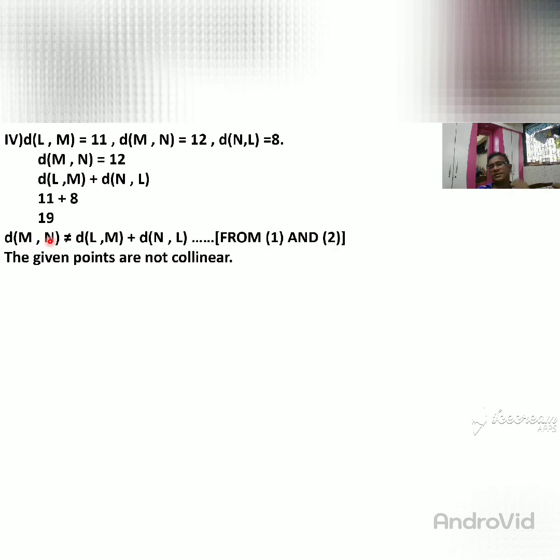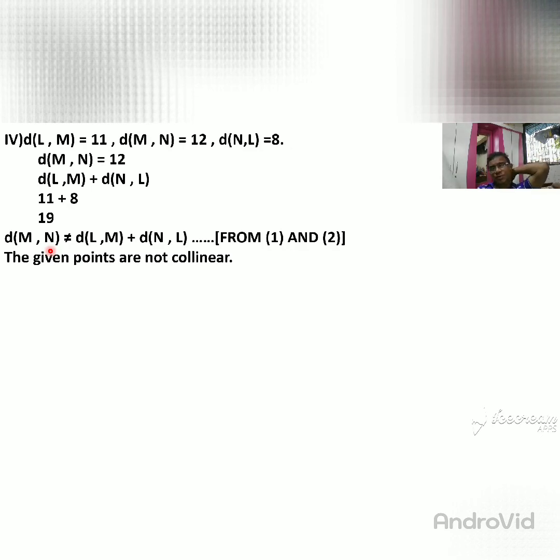So we can write it this way: distance LN, distance MN is not equal to, here is the sign, not equal to distance LM plus distance NL. So see here, why are they not equal? Distance MN is equal to what do you get?